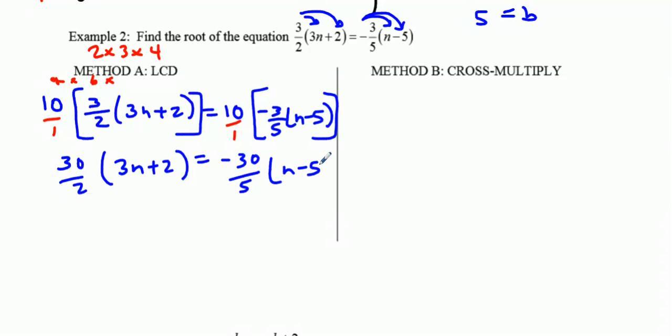Now, if I've done this properly, my fractions should disappear. Okay, I should not end up with any fraction denominators because I've chosen the lowest common denominator as 10 to multiply through. So 2 should go into 10, 5 should go into 10, and I should not have any fractions. So 30 over 2 is 15, and minus 30 over 5 is minus 6. And then I'm going to just do the distributive law.